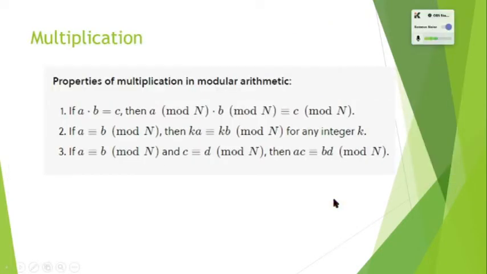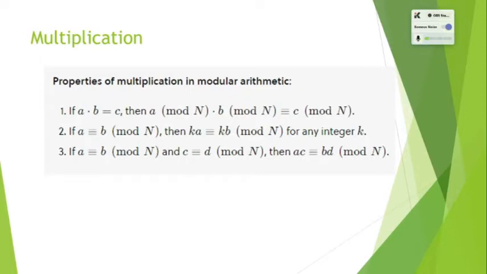Okay. Now, these are the properties of multiplication in modular arithmetic. The first property is if A multiplied by B is identical to C, then A mod n multiplied by B mod n is also identical with C mod n.